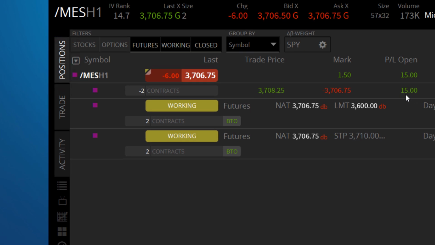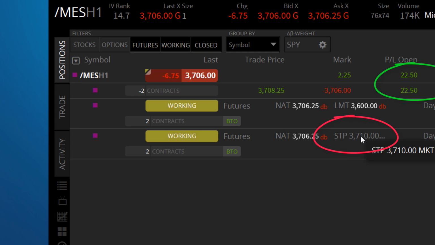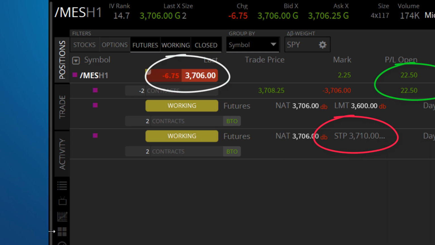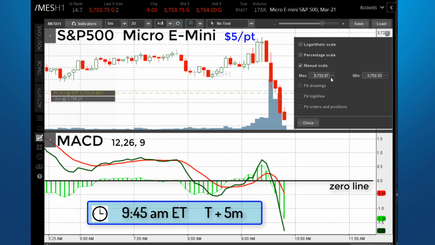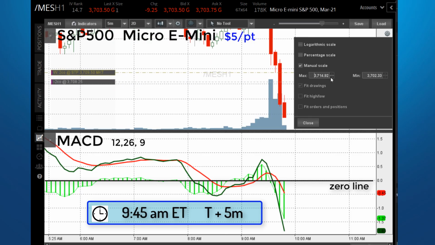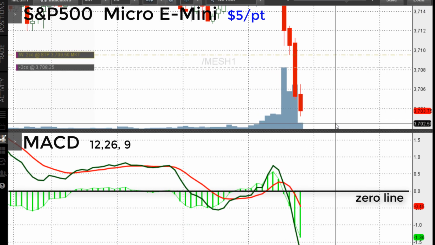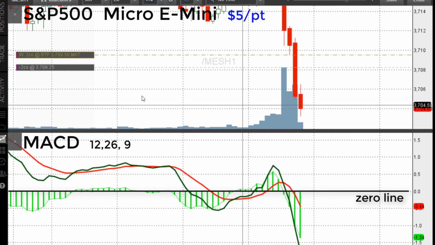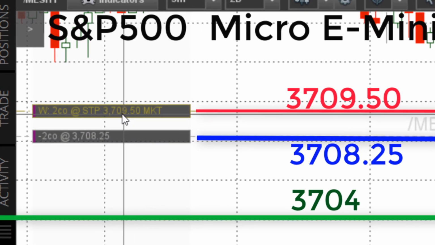Flip over to the panel here so I can look at the positions, and I'm up 20 bucks, maybe a little over. And my stop's at 37.10, so that reduced the risk on the trade, and the market's trading 37.06. 5 minutes into the trade, 9:45, doing some adjustments on my scale here to make the operation more visible for you.